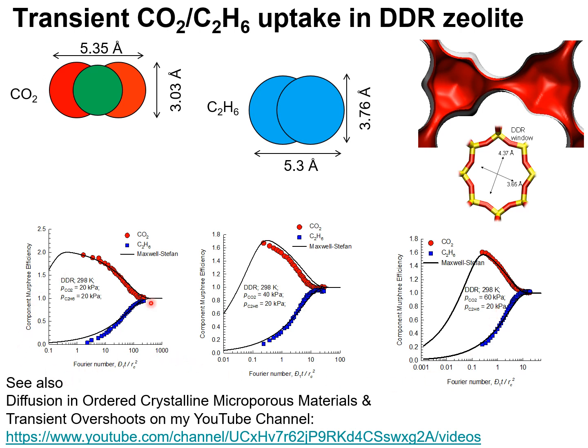In all cases, we note that the Murphree component efficiencies calculated from experimental data on transient uptake show values exceeding unity for CO2 during the initial transients before it finally reaches a value of unity when the system is fully equilibrated.